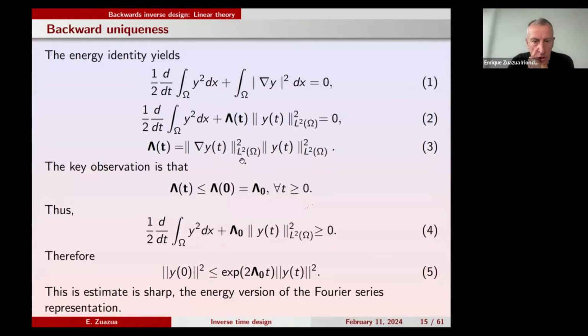So you see, in order to prove an estimate in the backward sense, we will need an upper bound now on the Rayleigh quotient. And of course, there is no upper bound for the Rayleigh quotient. There is a clear lower bound, the Poincare constant, but there is no upper bound simply because the H1 norm is stronger than the L2 norm.